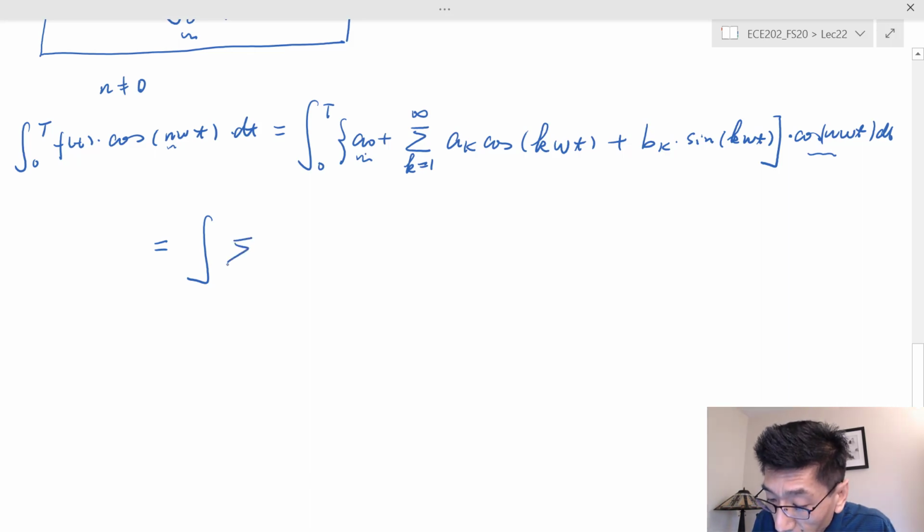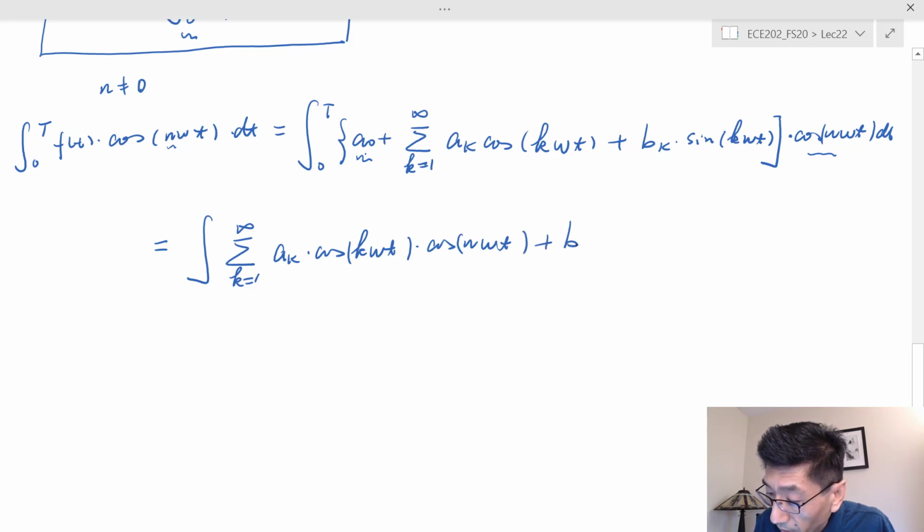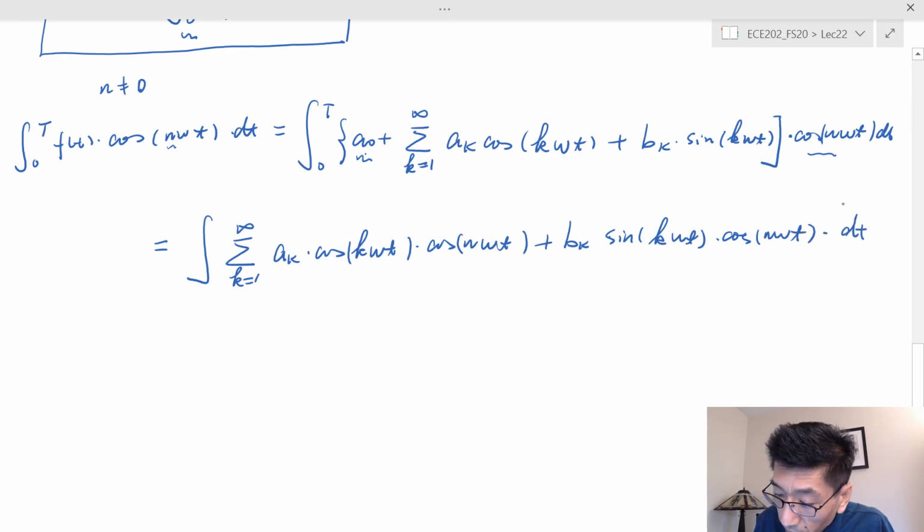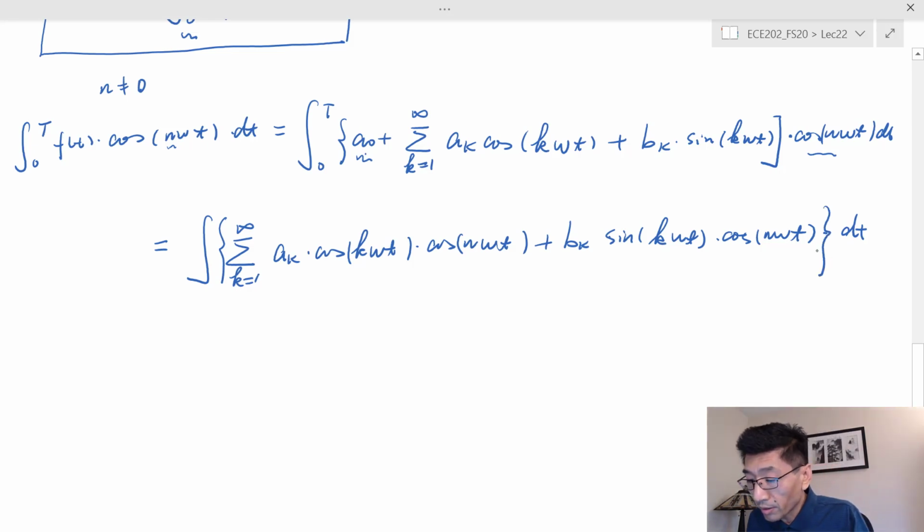Now I have the sum over k from 1 of a sub k cosine k omega t times cosine n omega t, plus b sub k sine k omega t times cosine n omega t. So I just multiply them out, inside braces, with dt.